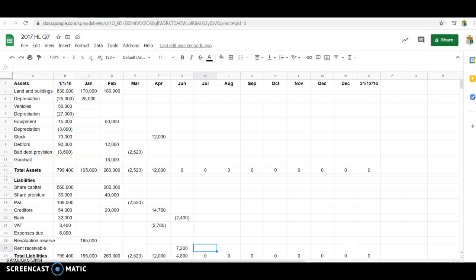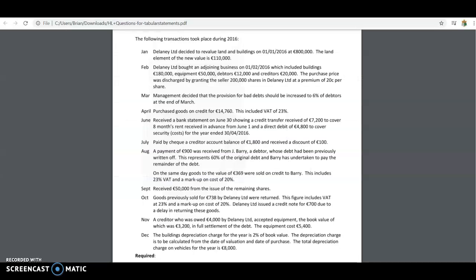Okay, so if you look in these accounts, there's expenses due at the start. Okay, that's where this €4,800 is going. Okay, so if you think about it, that €4,800, that's to pay for something right up until the end of April 2016. Okay, so like only 4 months of that is for this year, 8 months is for last year.